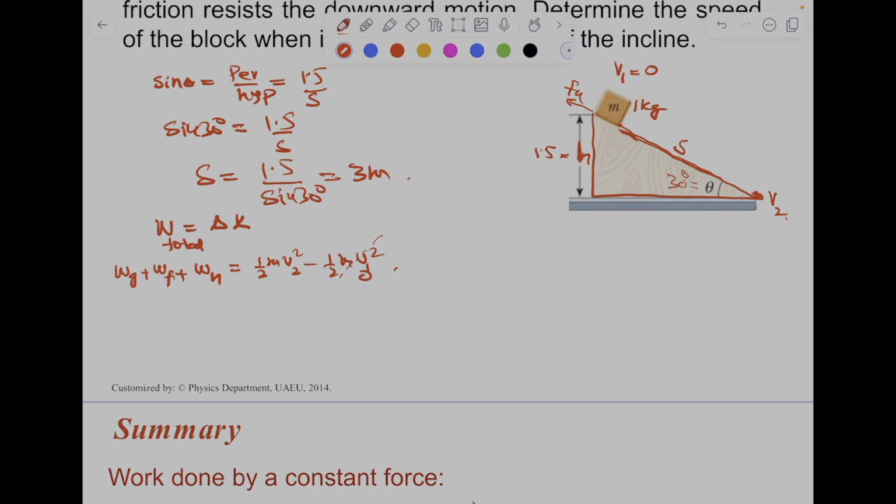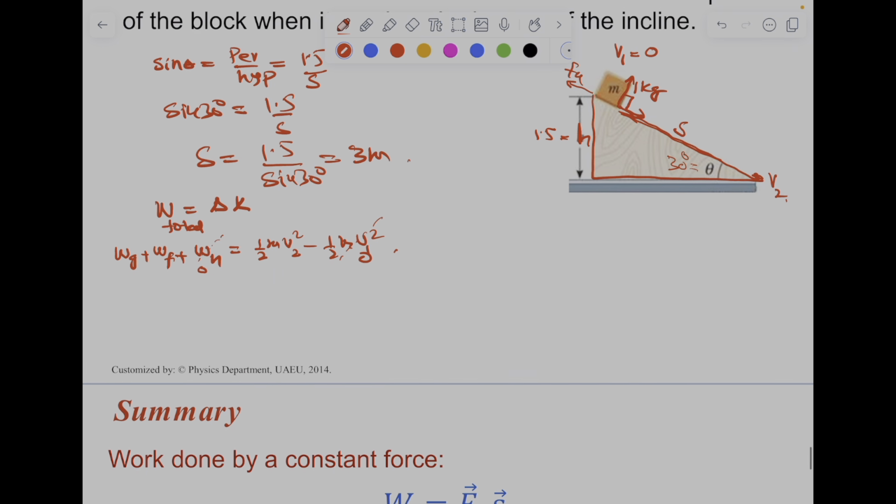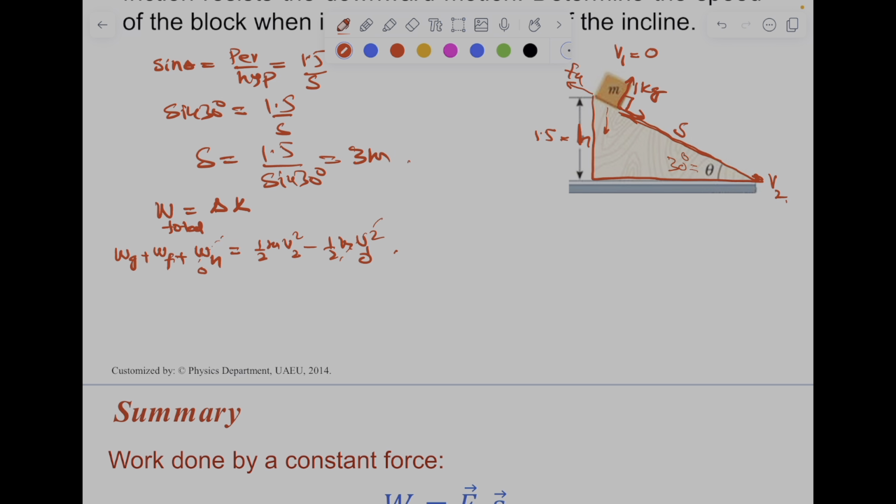The angle between the normal force and the distance is 90, so your normal work is 0 as well. So we are left with this. The angle between the weight and the displacement is 60 degrees, which is this angle.